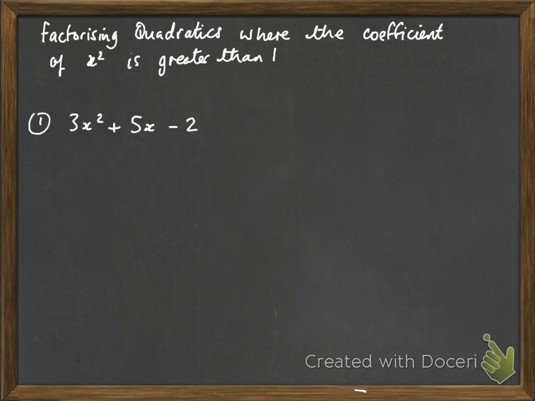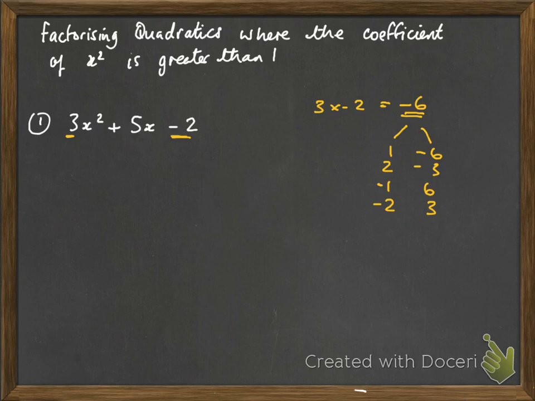Okay, so the first thing you do, if you remember, is take that 3 and the -2 and multiply them together to get -6. Then we think of the factor pairs of -6. So I've got 1 and -6, 2 and -3, or the other way around, -1 and 6, or -2 and 3.